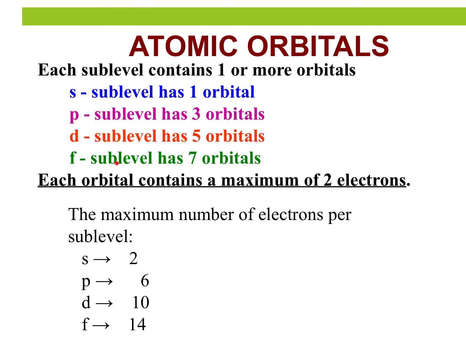And the F sublevel has 7. On the next couple slides, I'll show you what all those orbitals look like, but they're just 3D volumes of space where we think electrons are found. Each orbital can contain a maximum of 2 electrons, so also make sure you get this in your notes.